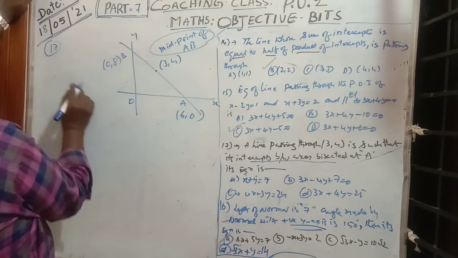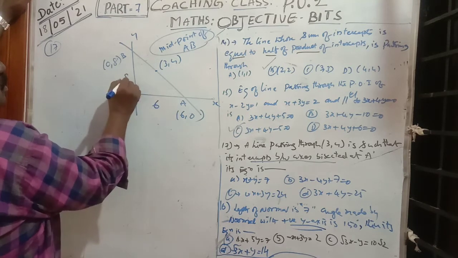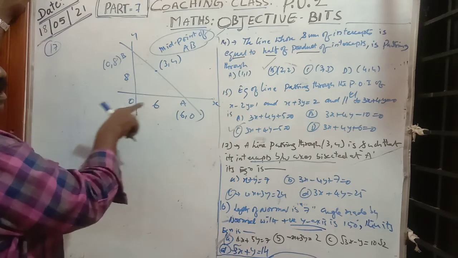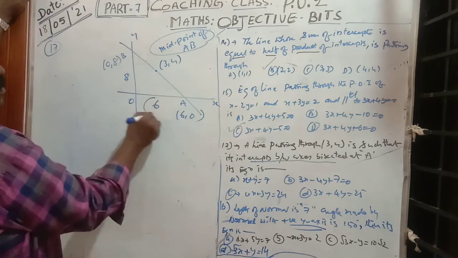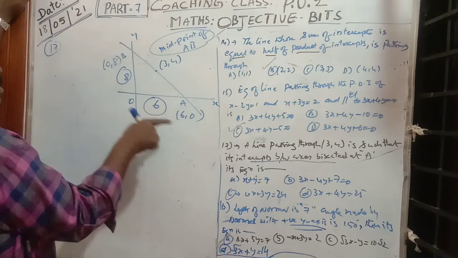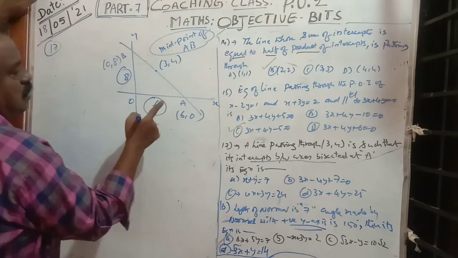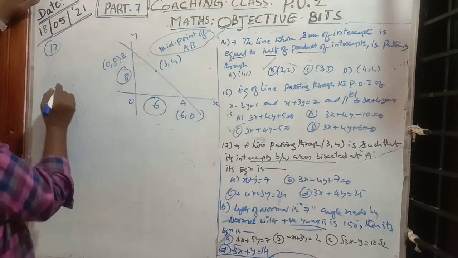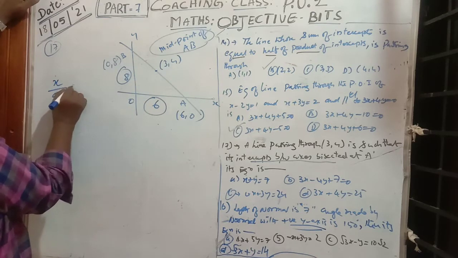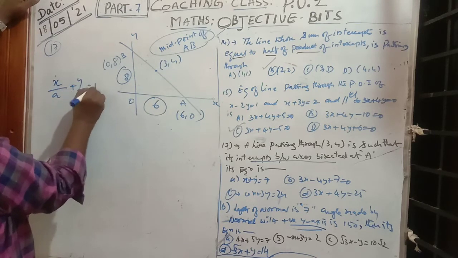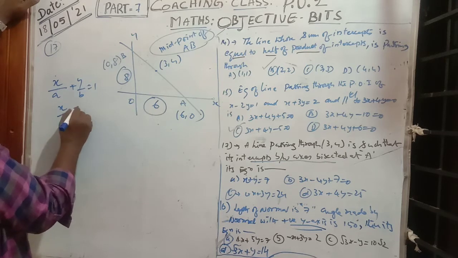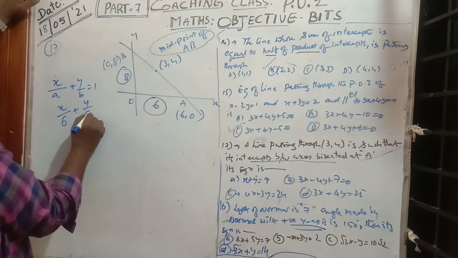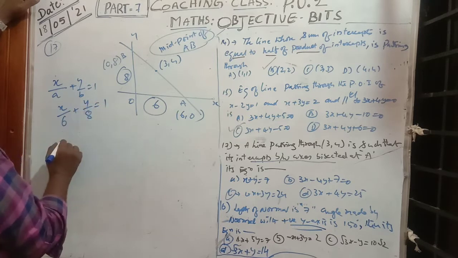What is the equation? This is 6 and it is 8. Correct? OA is 6 and OB is 8, because the A and B coordinates can be derived from the diagram itself. So x by a plus y by b is equal to 1. x by 6 plus y by 8 is equal to 1.